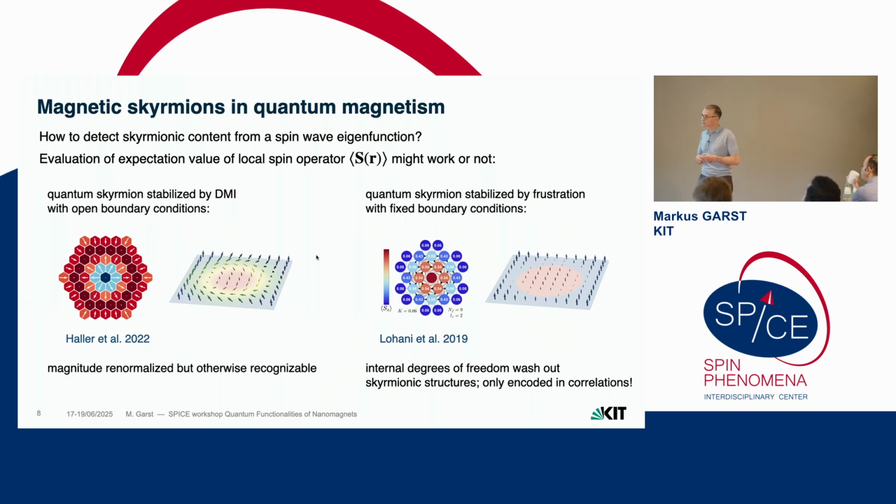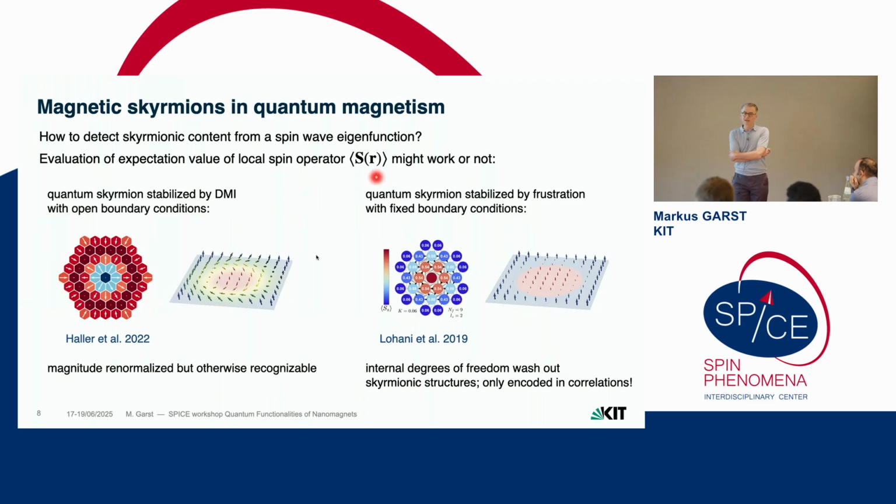In the frustrated system, the chirality is not explicitly broken, and so you have fluctuations of chirality, of helicity. These helicity fluctuations wash out the skyrmionic structure in the expectation value of the spin operator. So if you calculate this expectation value, what you get doesn't look like a skyrmion at all. It looks more like a spin density wave.